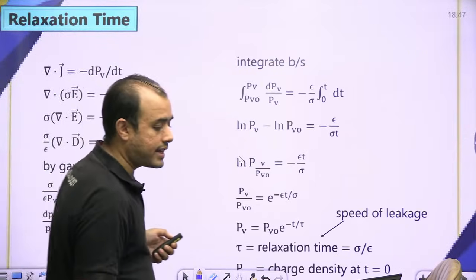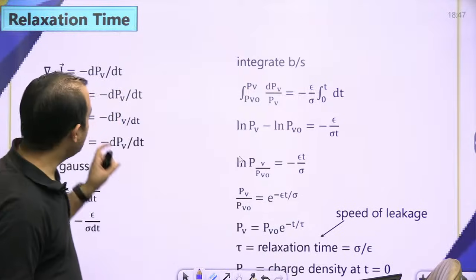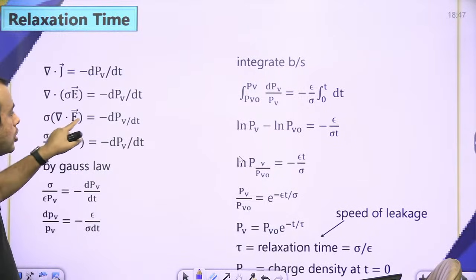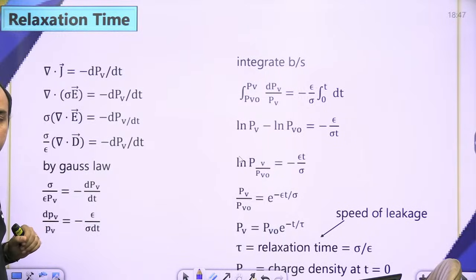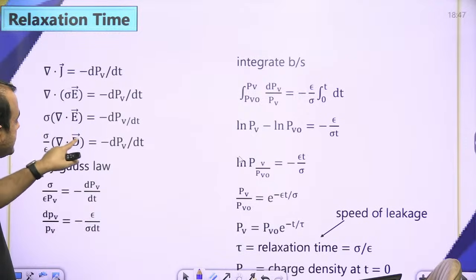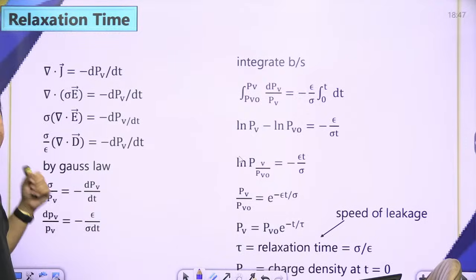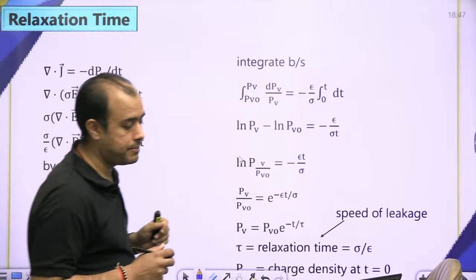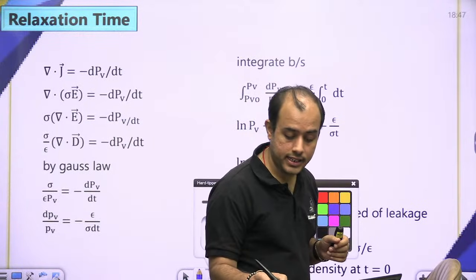Now what is the relaxation time, beta? If you see the continuity equation, if you put J equal to sigma E, so sigma is constant, del dot E is minus d rho v by dt. Now E is D by epsilon, and del dot D will be rho v by Gauss law. So I will say sigma by epsilon into rho v is minus d rho v by dt.